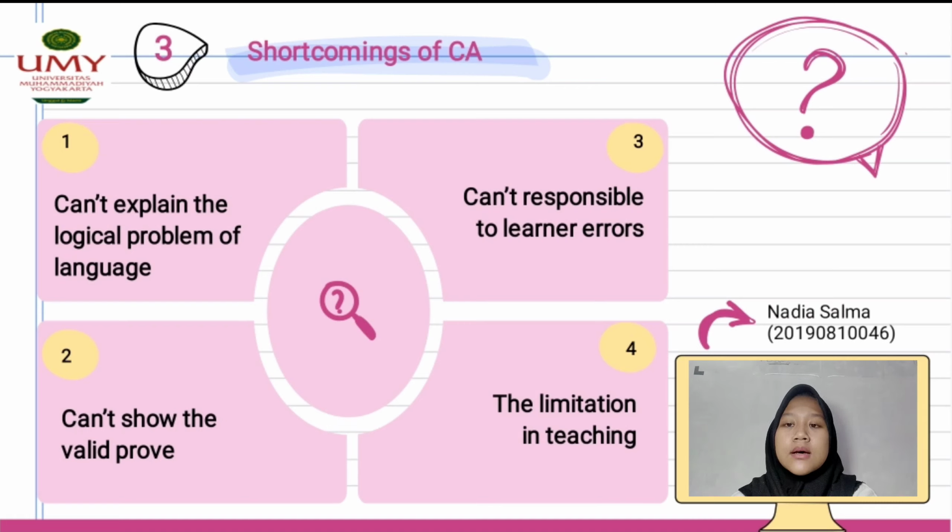This is that CA can't show actual evidence of learning errors. And the third is that it can't account for learner errors. The CA predictions do not occur in the learner's language. It's like the problems CA has predicted do not emerge.